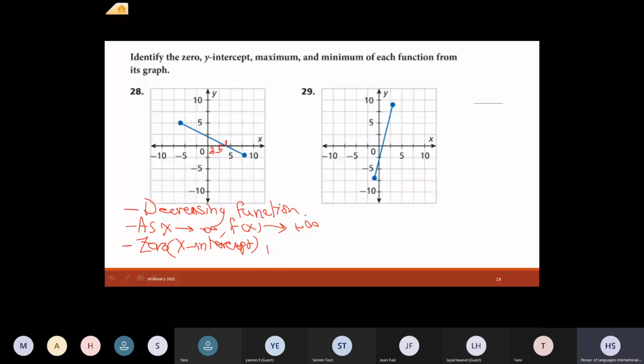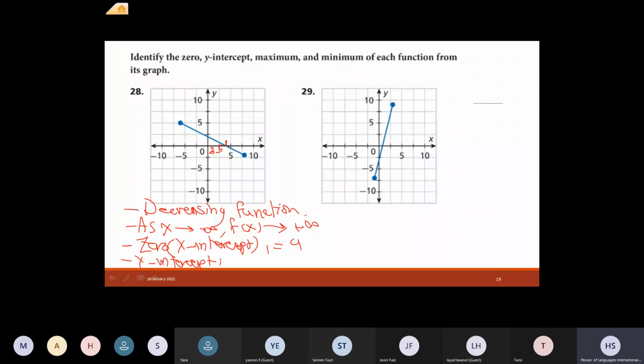Now, what about the y-intercept? It's 2.4. Teacher, your voice is gone again.